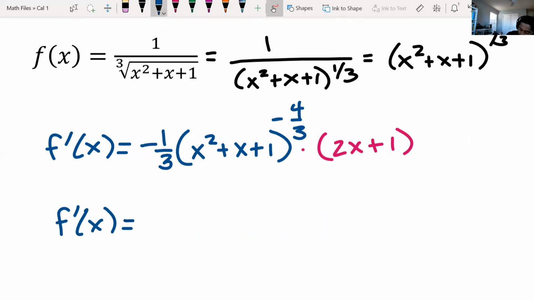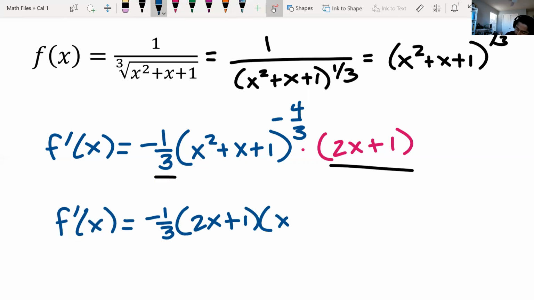F prime of x, I'll put these two together. Negative 1/3 times 2x plus 1 times x squared plus x plus 1 to the negative 4/3.